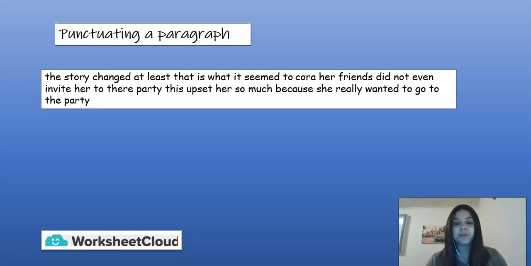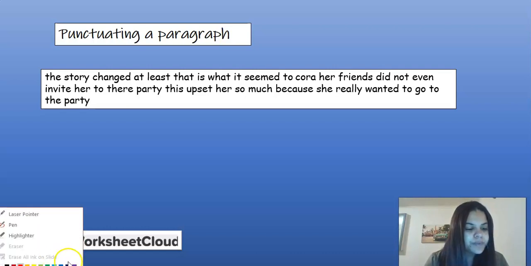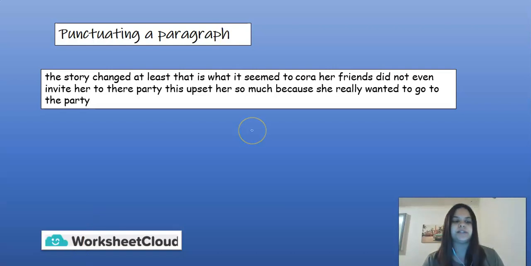So I'm going to take my pen out so that I can actually assist you here. Okay, and let's take a color out. Great. So, the story changed, at least that is what it seemed to Cora. Her friends did not even invite her to the party. Okay, so as you can see already, I know that my sentences must start with a capital letter.